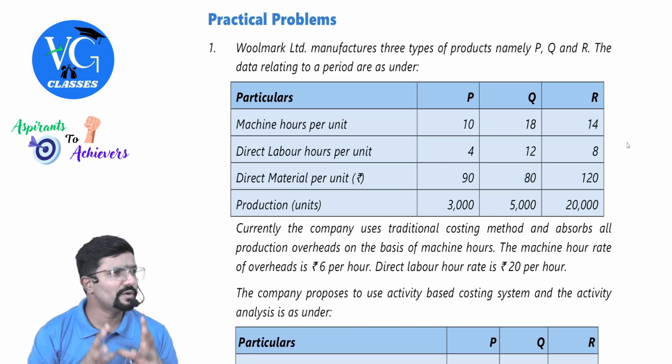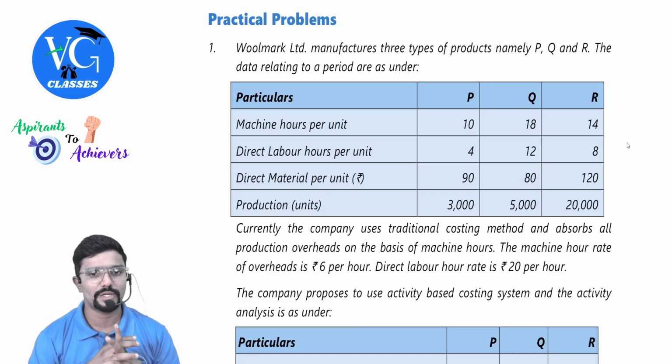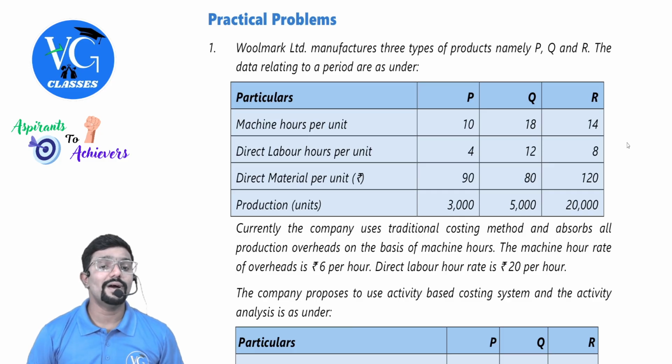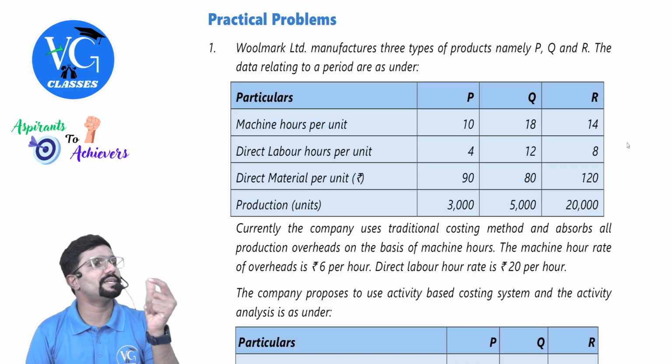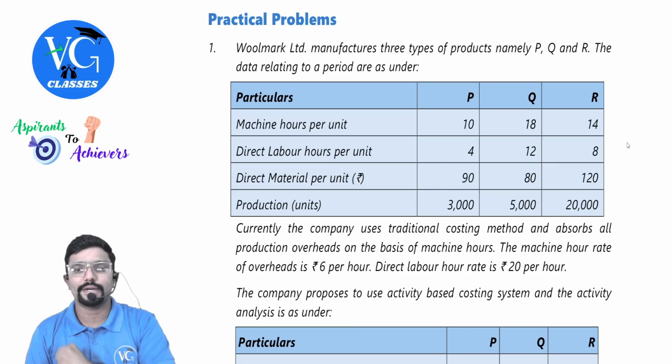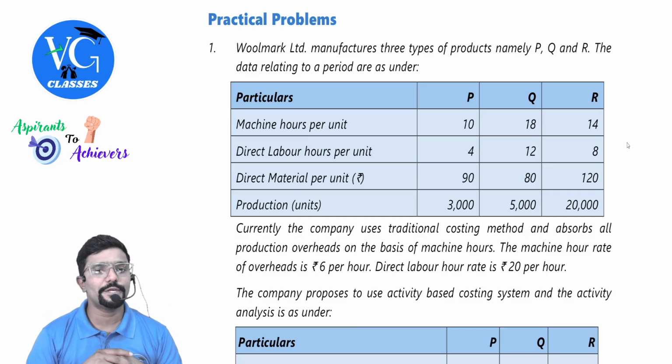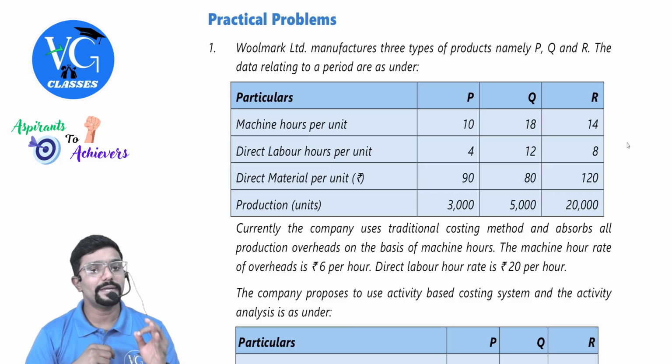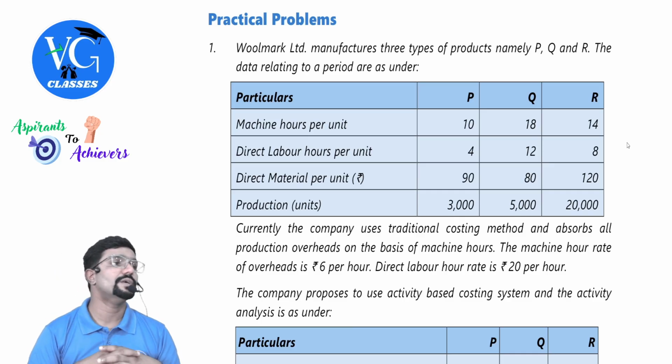Fine, guys. Questions would be a little lengthy, but that's okay, don't worry. Woolmark Limited manufactures three types of products, namely P, Q, R. What is the cost object here? P, Q, R. The data relating to a period are as under: machine hours per unit, direct labor hours per unit, direct material per unit, production in units.